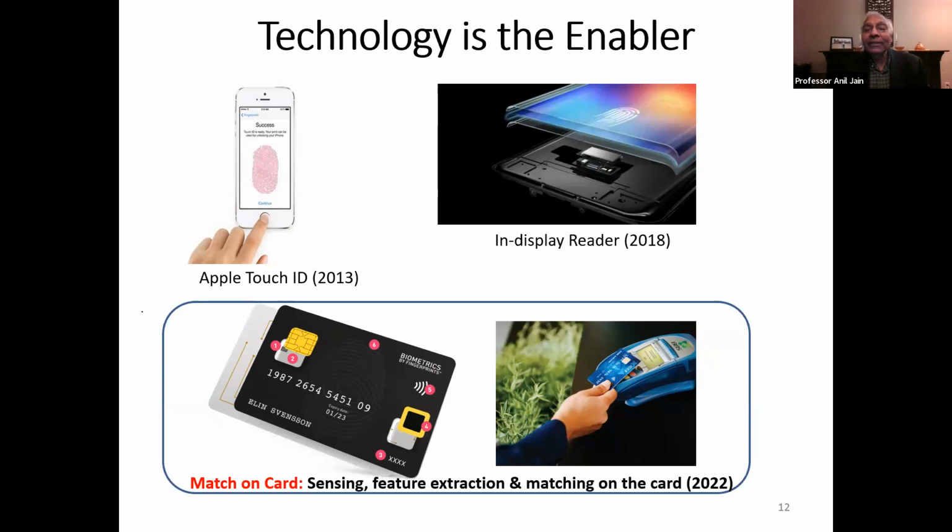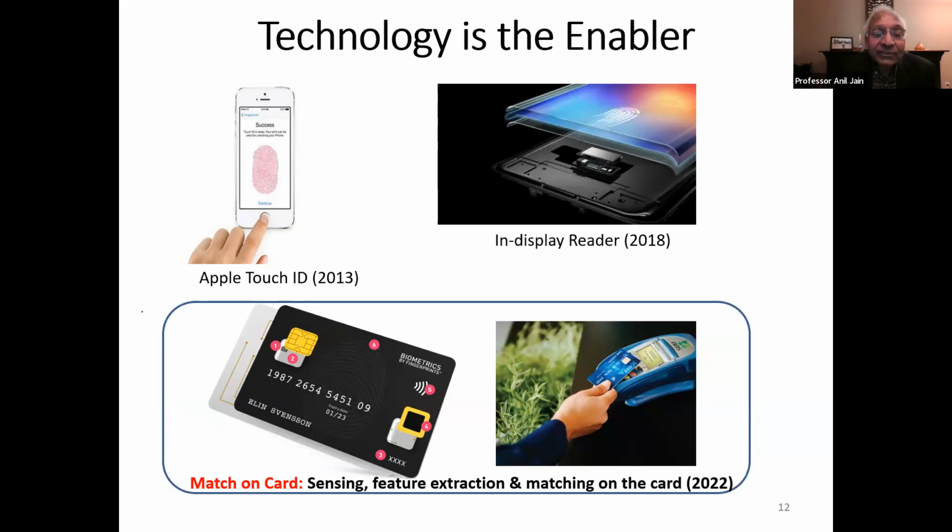If you want to increase the screen size, there is no home button left to put the fingerprint reader. So Apple couldn't perfect the technology for the in-display reader and went with 3D face recognition, whereas all the other phone manufacturers decided to stick with the fingerprint reader.